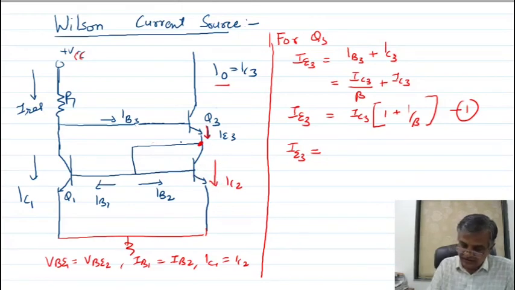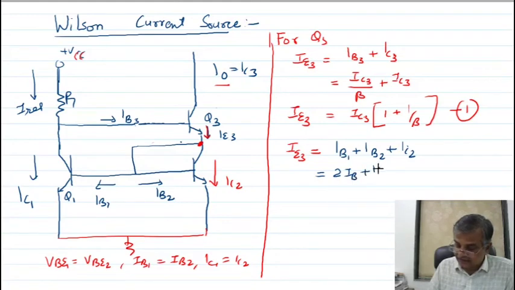So I can write IB1 plus IB2 plus IC2, 2IB plus IC2, 2IC2 by beta plus IC2.